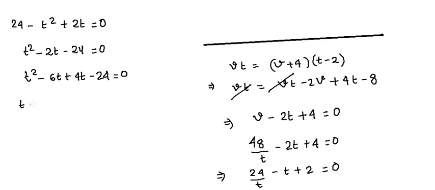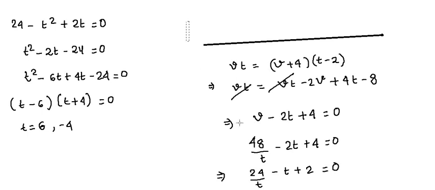Further simplifying, you get t minus 6 into t plus 4 is equal to 0. By this, you get the value of t as 6 and minus 4. But you already know that time cannot be negative. Hence, we neglect minus 4 and consider 6.